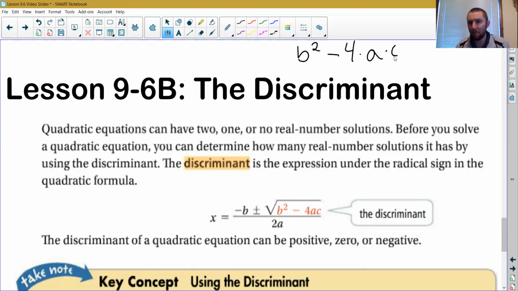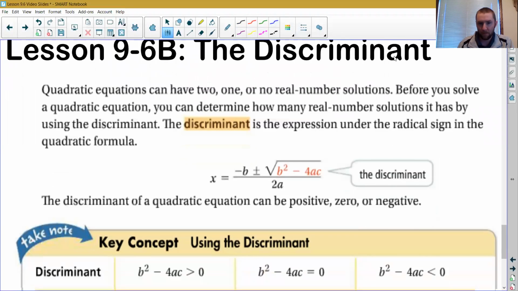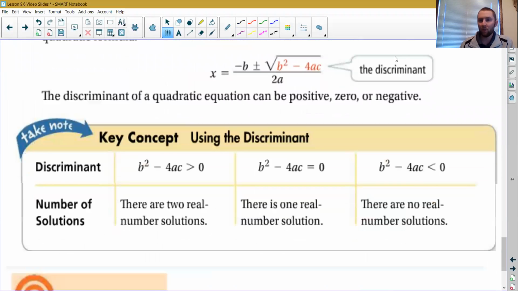So here's the basic premise of the discriminant. If we calculate the discriminant of a quadratic equation, and that discriminant is a positive number, i.e. bigger than 0, then there are two solutions to that quadratic equation, okay? And we can go ahead and use the quadratic formula to find those two solutions.